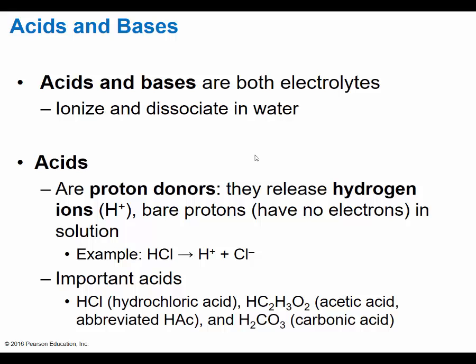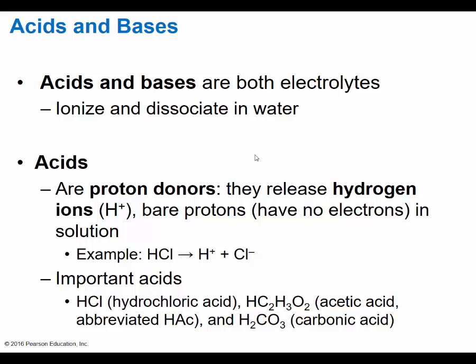Where if we look at something like carbonic acid, some of that remains as carbonic acid, so it's a weak acid. So if I take hydrochloric acid, throw it in water, it's going to break up into H+ and Cl- ions. But I can reverse that arrow, and some of those ions are going to come together and form HCl.